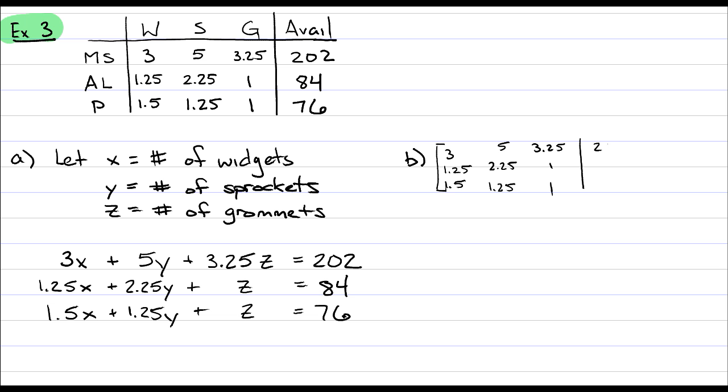And, well, okay, the actual last column is 202, 84, and then 76. So then I'm going to use the RREF function in the calculator to put this in reduced row echelon form, which is going to look like this.